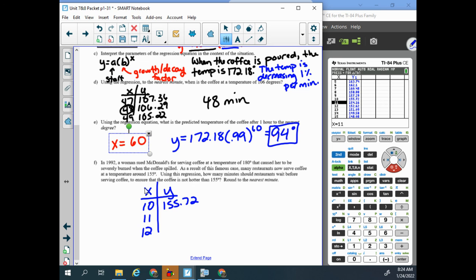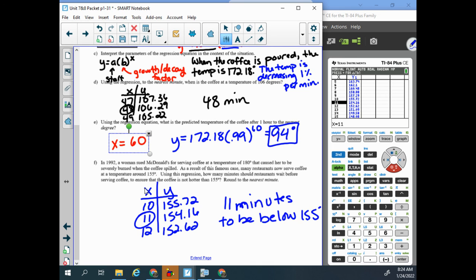Copy on those values. So I'm going to write 11 minutes. And just to be clear as to why I picked the 11 and not the 10, to be below 155 degrees.